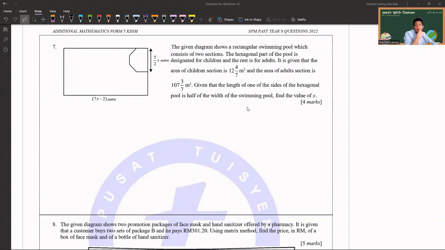I'm given that the length of one of the sides of the hexagonal pool is half of the width of the swimming pool. So I want to find the value of x here. Let's see.